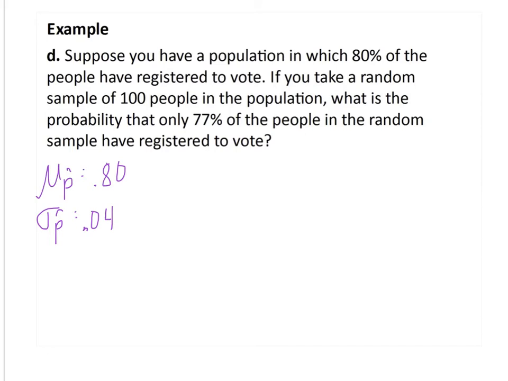So if I read this problem, we have the same population where 80% have registered to vote. We took a sample of 100, but this is the kicker right here. It says, what is the probability that only 77% of the people in the random sample have registered to vote? So this, what is the probability, should scream in my mind, I need to use a z-score.